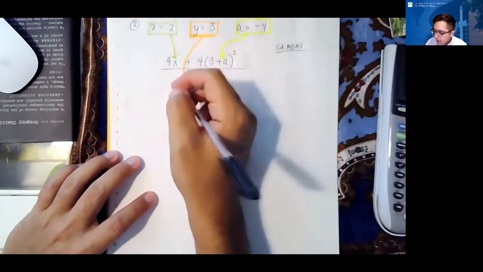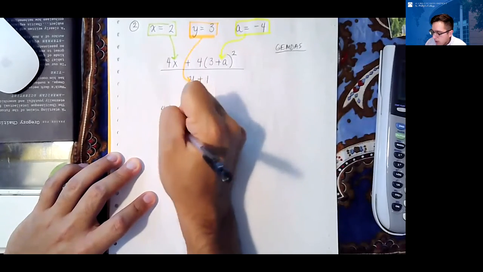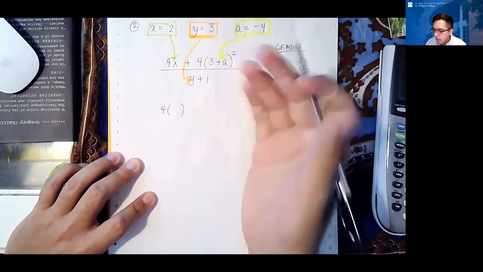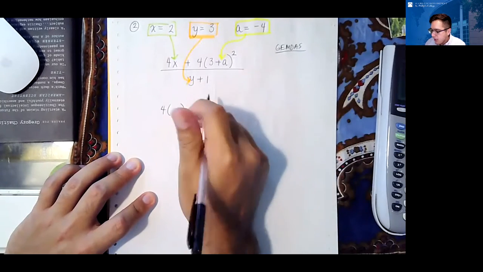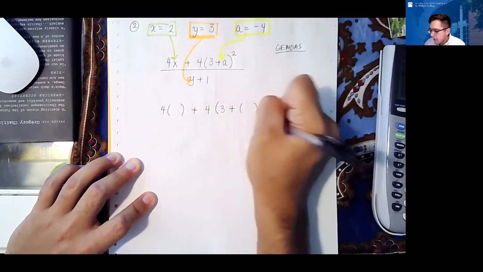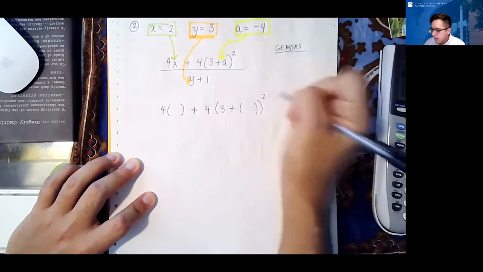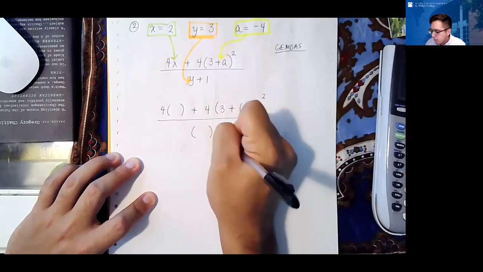So we might rewrite this expression, and everywhere that I had a variable, I might just write an open set of parentheses because I'm going to plug a value in there. So 4 times something plus 4 times 3 plus something squared, all over something plus 1.